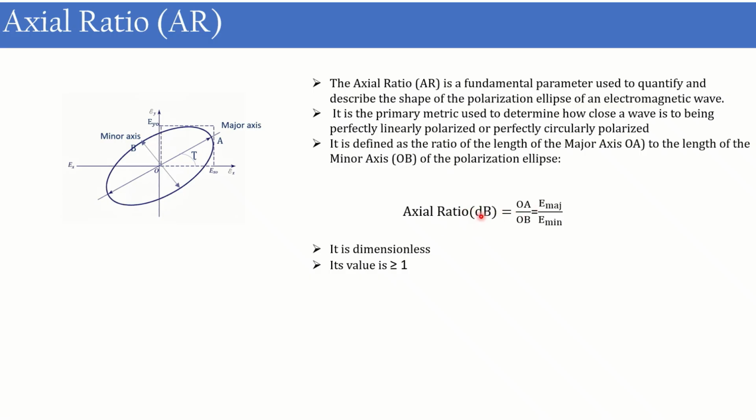Axial ratio in linear scale is OA by OB, or the major magnitude of the electric field to the minimum magnitude of the electric field. It gives an indication about whether this wave is linearly polarized, circularly polarized, or elliptically polarized. This value is dimensionless, and it is always greater than or equal to 1.